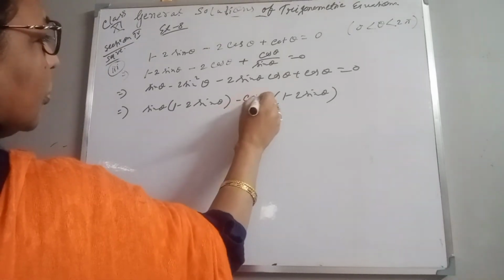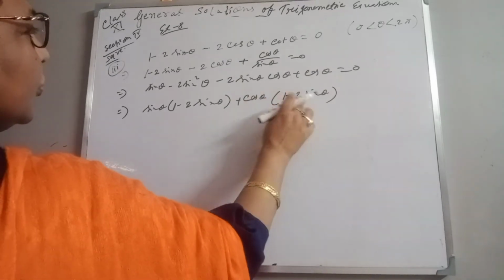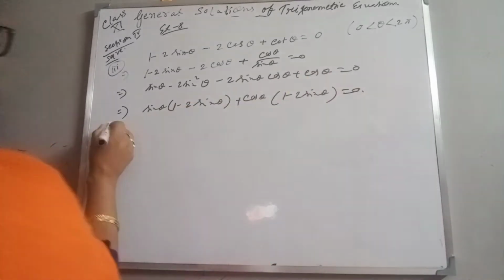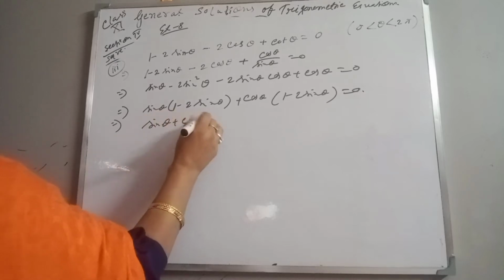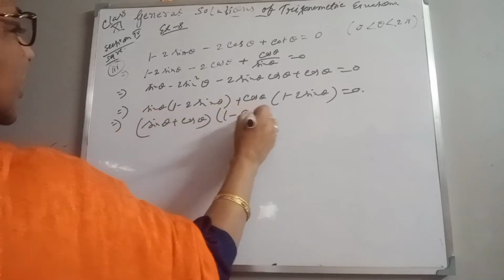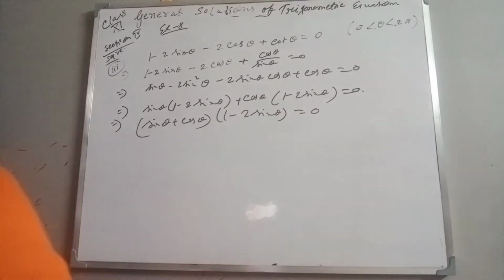So it is coming sine theta plus cos theta into 1 minus 2 sine theta is equal to 0.